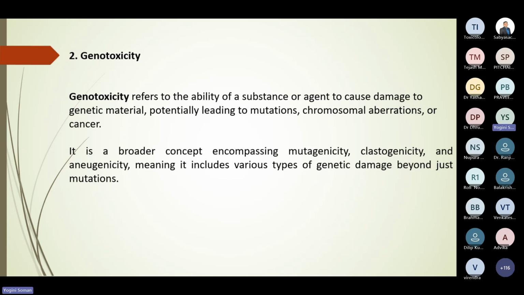Genotoxicity refers to the ability of a substance or agent to cause damage in the genetic material, which leads to mutations, chromosomal aberrations, or cancer. Genotoxicity is a broader concept which encompasses mutagenicity, clastogenicity, and aneugenicity, which include various types of genetic damage, not only mutations.